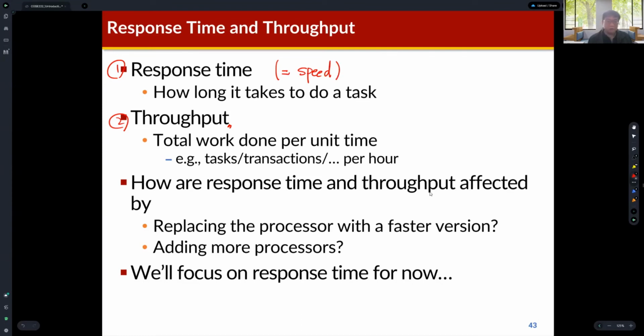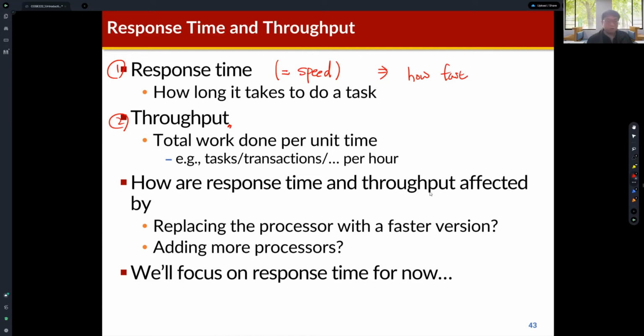Response time is the elapsed time from the start to the end of a workload, right? So response time just measures how fast the machine works.